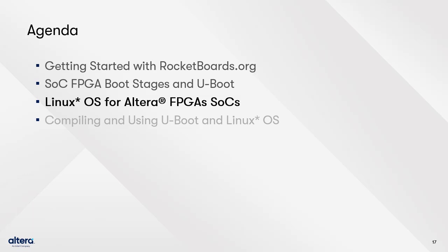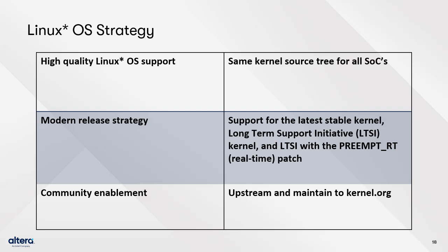We will now discuss Linux OS in the context of Altera SoC FPGAs. Our Linux OS strategy is simple. The goal is to provide high-quality Linux OS support using modern release strategies enabled by the user community.